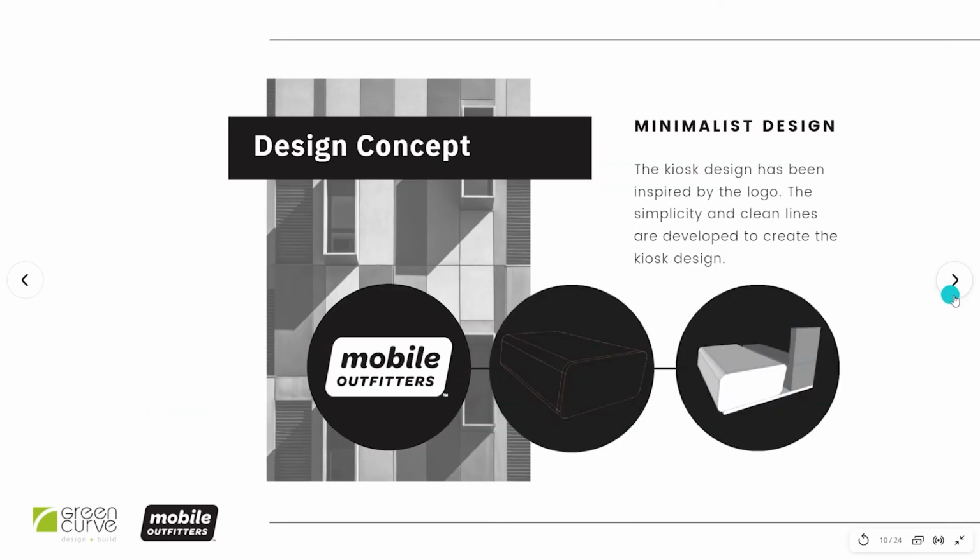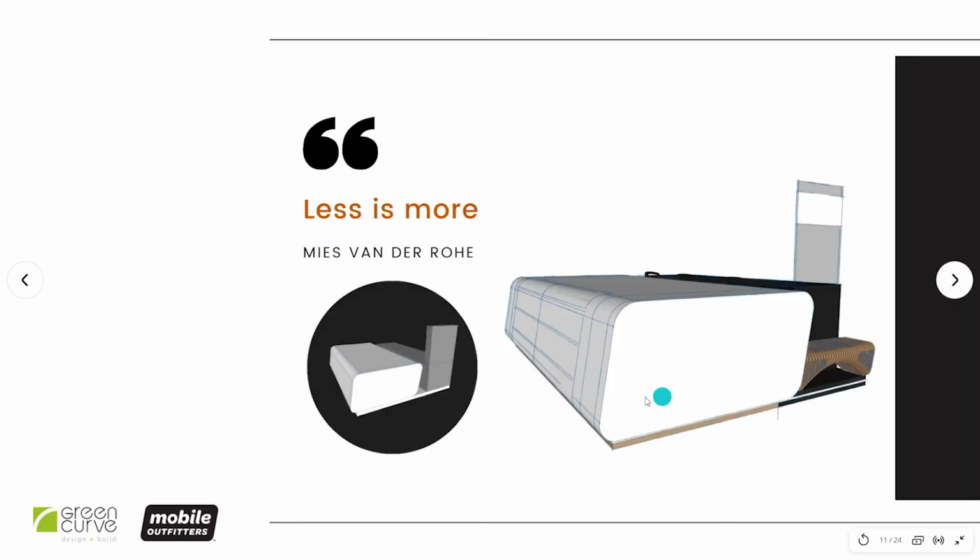The idea was to create a very minimalistic design, and the design was inspired from their logo design. If you notice, from the logo we created a sketch. From the sketch, using a SketchUp model, we created a base model. This is of the form. This form was eventually developed, and materials were selected and put, and this was made.